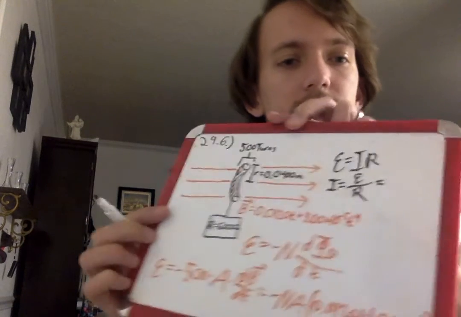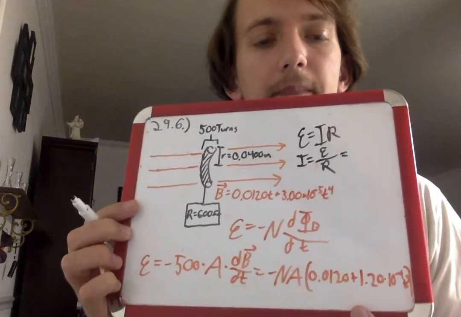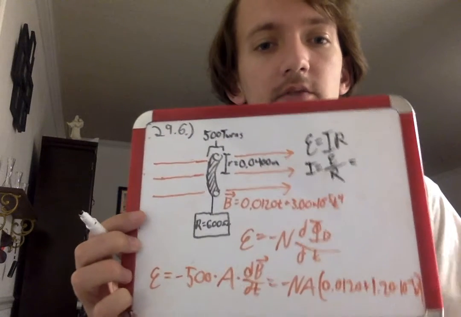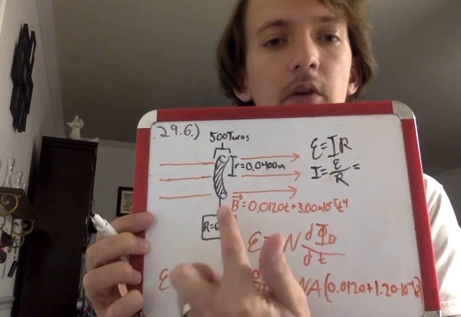And so to do that, we use the equation for current, which is, well, the EMF equals IR, and I is what we're looking for, so we have I equals our EMF over R. And so our EMF, which we have down here as an equation according to time, over our resistance, which is 600 ohms, since it's allowing us to ignore the resistance of the coil.